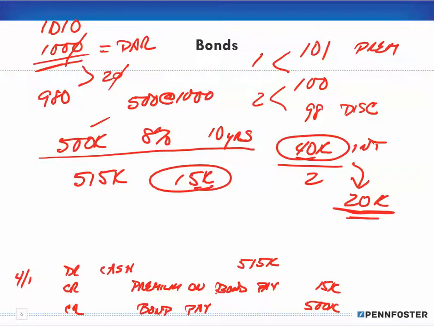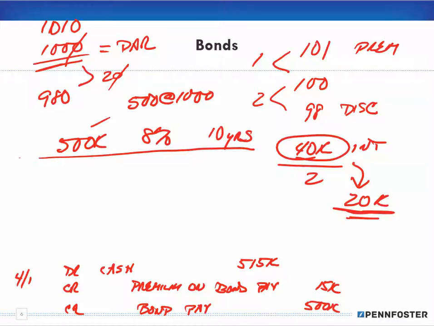You did the same thing for recording that entry for the discount. All right, you book your cash, you book your bond payable, and then you back into either the discount or the premium. Right, it's just that simple.